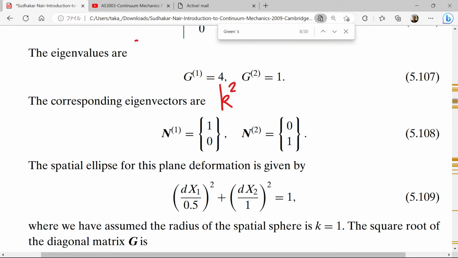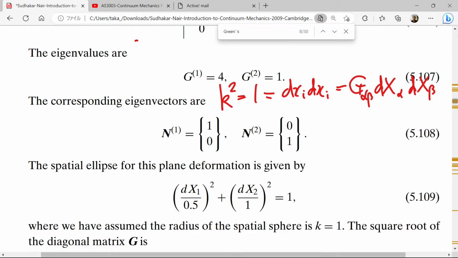K square equal 1 equal dxi dxi. Okay, this is just a sphere, which is equal G alpha beta dX alpha dX beta, right?